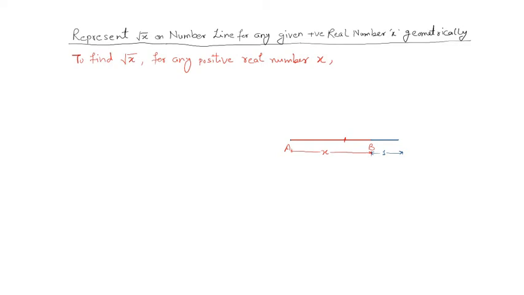So mark the distance x units from a fixed point A on a given line to obtain a point B such that AB is equal to x units.